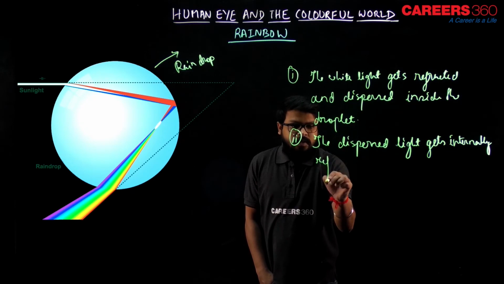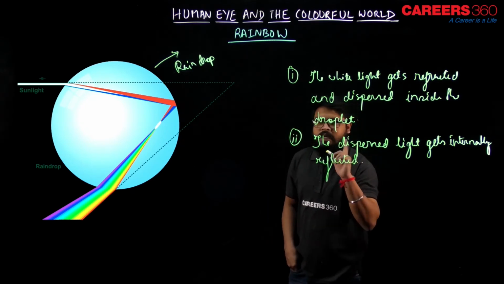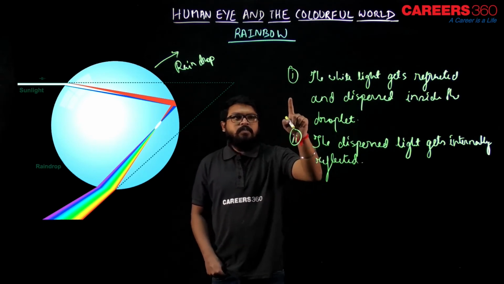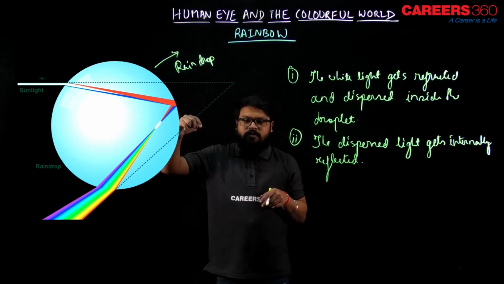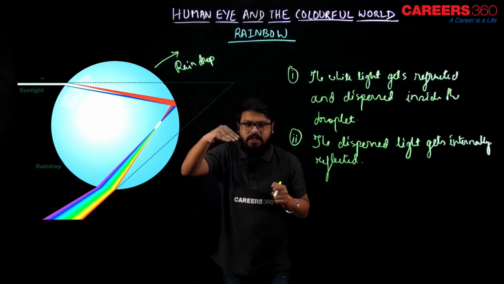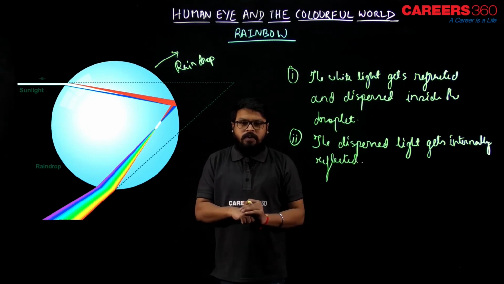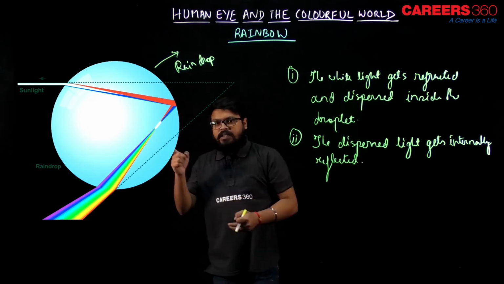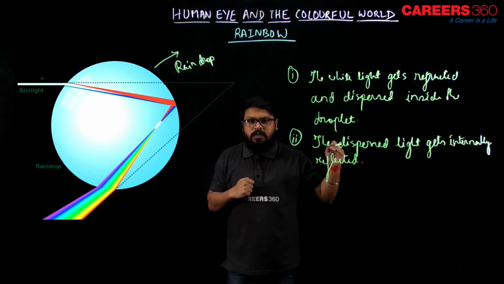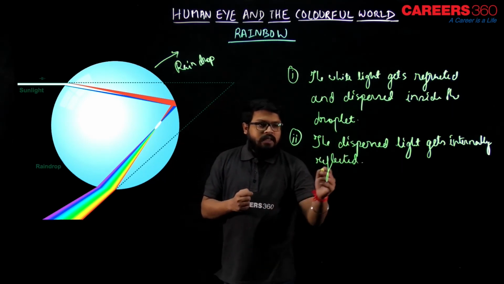This is the second step. First step, the white light gets refracted and dispersed, first refraction from air to water droplet inside. Then the second step, the dispersed light gets internally reflected, as you can see. It is not coming out of the water droplet, but it is getting internally reflected. That is the second step.